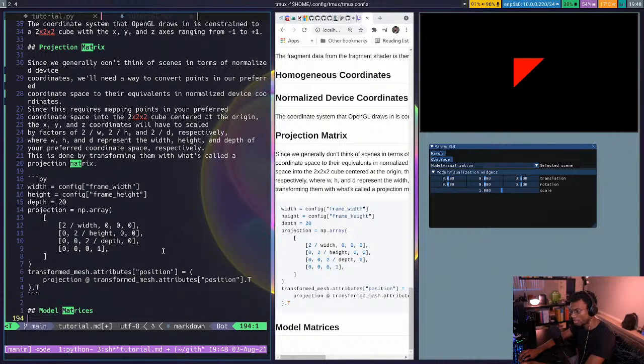How would I introduce this? I'd say matrices are a convenient way to transform meshes. I don't know if I've used the word mesh.